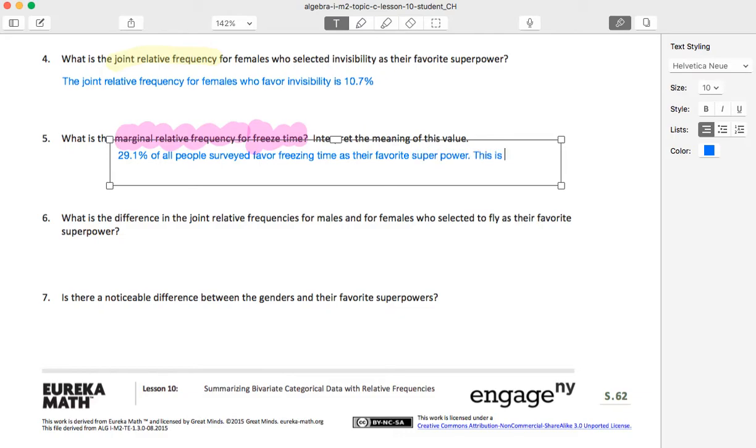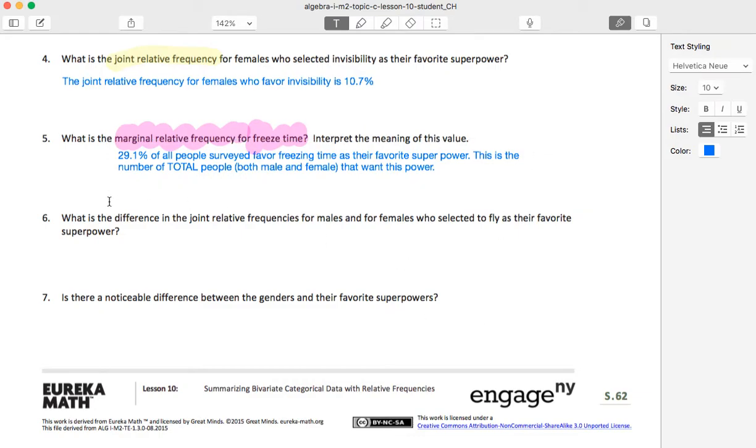This is the number of total people, both male and female, that want this power. This is just males, just females. This is both of them.